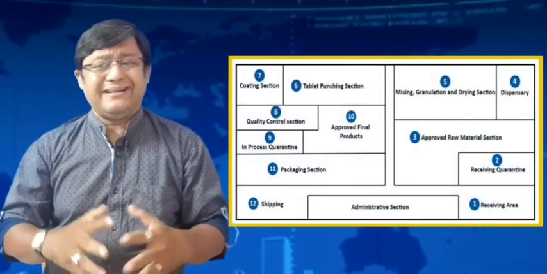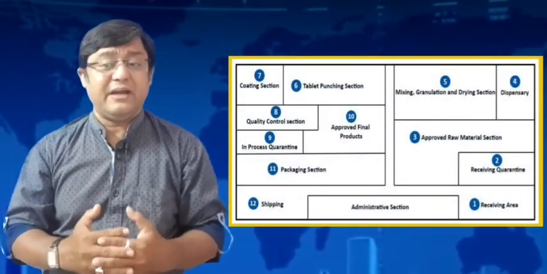The manufacturing units are built in a large area which will generally have different units like the raw material warehouse, receiving quarantine place, approved material section, a dispensary section, production room, mixing, granulation and drying section, tablet punching section, then coating section, quality control section, and obviously the packaging section.